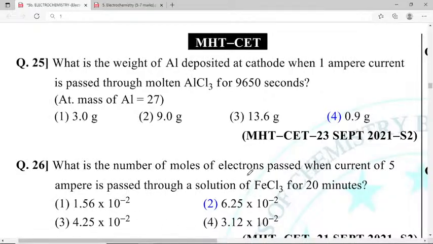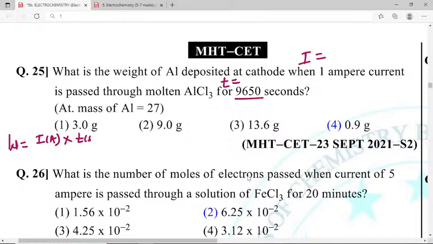What is the weight of aluminum deposited at cathode when a current of 1 ampere flows for time t seconds? So what is the formula here? W is equal to current in ampere into time in seconds, this whole divided by 96500, multiplied by mole ratio.